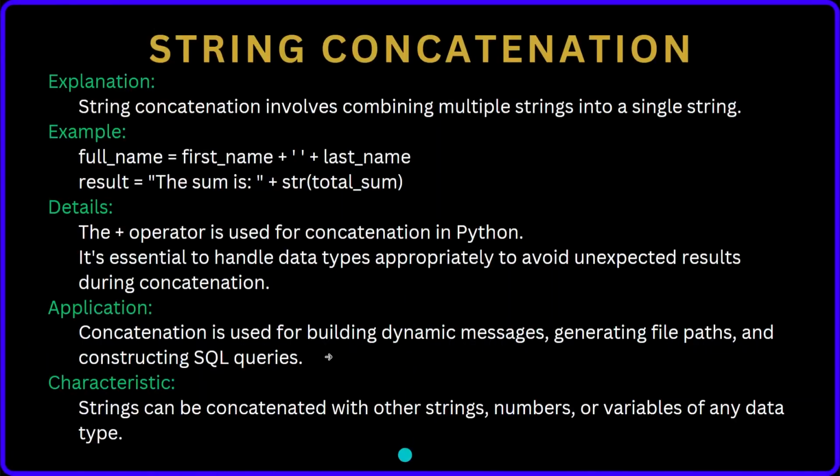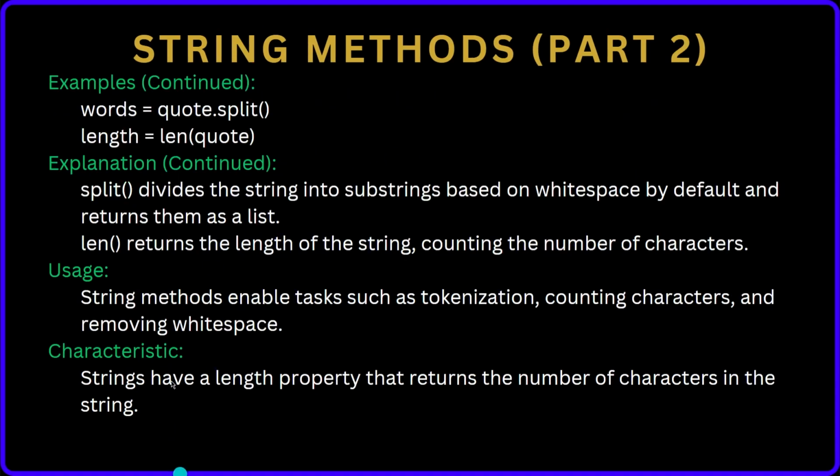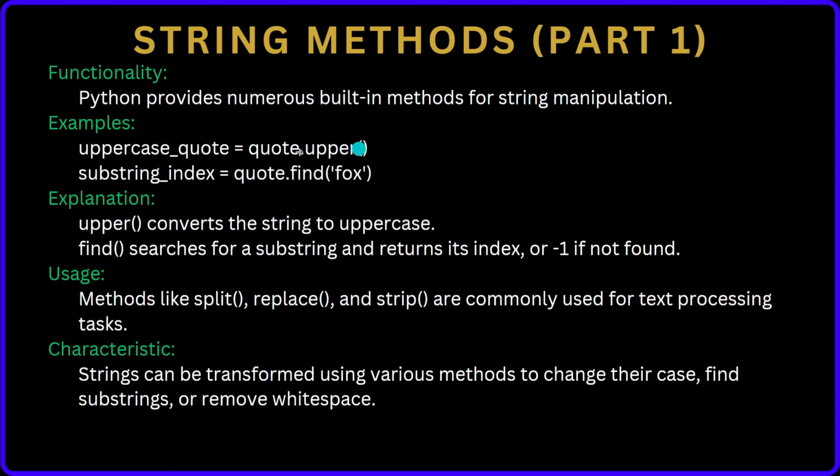Let's move on to some string methods we can use. Python provides numerous built-in methods for string manipulation. Examples: dot upper, to convert all the characters of a string to uppercase, and dot find, to find a specific set of characters inside a string.